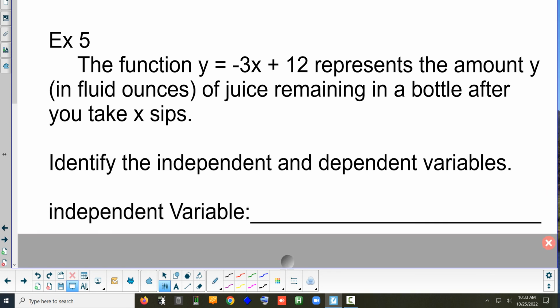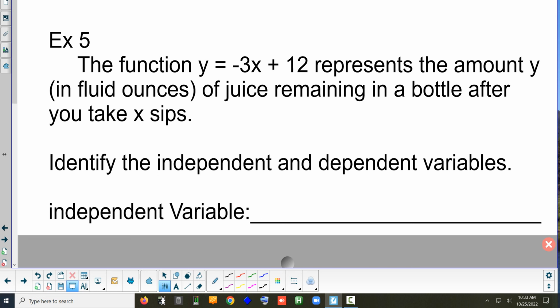First thing they want us to do is identify which variable is which. Well, there are two variables. The amount of liquid left in the bottle and the amount of sips you take. Based on which one is x and which one is y, let's think back. What's independent again? Is that the x or the y? Yeah, that's the x.